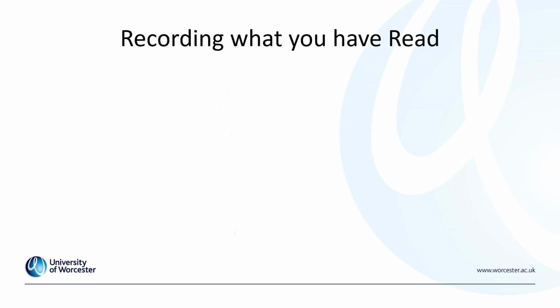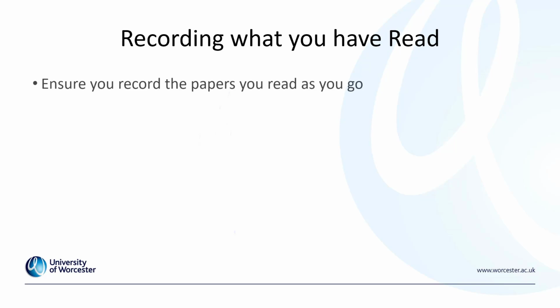When it comes to conducting your research, it is often very useful to make sure you keep a recording of what you have read. It can be very difficult to read lots of papers and then go into writing your literature review.